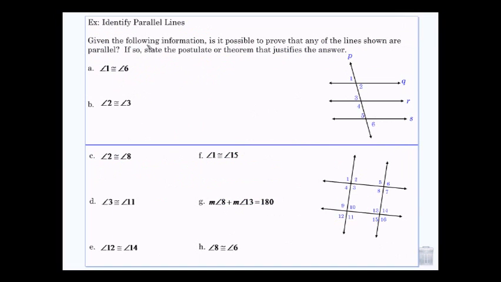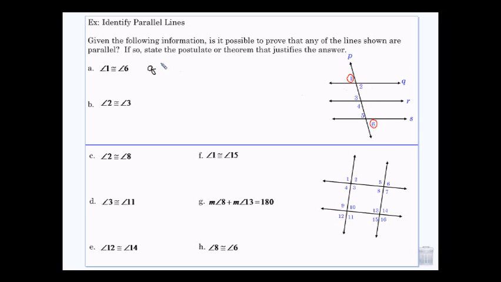All right, so given the following information, is it possible to prove that any of these lines are parallel? For letter A, I've got 1 and 6 are congruent. Now if I look, these are alternate exterior angles, right? Because they're on the outside of two lines and they're on opposite sides of a transversal.